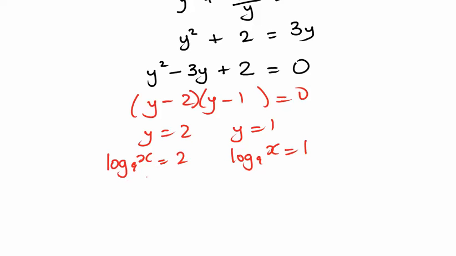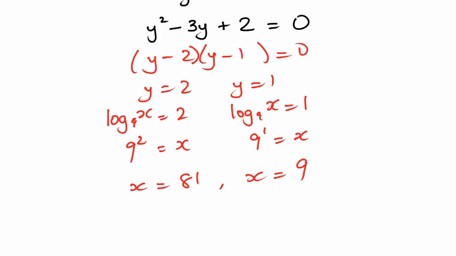Now again, when we're solving these logarithm equations, it's always easier to think about this in terms of an index. So log of x base 9 equals 2 can be rewritten as 9 to the power of 2 is equal to x. This one, 9 to the power of 1 is equal to x. So that means x is equal to 81 and x is equal to 9.